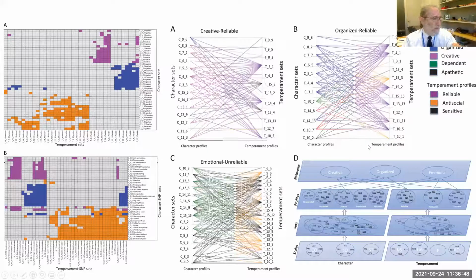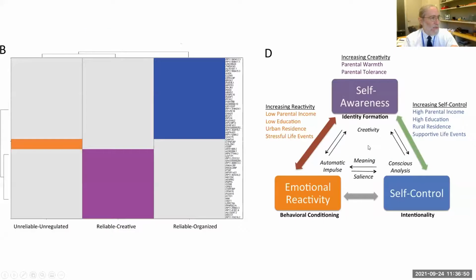I'm not going to spend too much time going through this in detail, but basically the upshot of all that is that we were able to identify 3 networks of relationships between behavior and genes that are related to personality features, self-awareness, emotional reactivity, and self-control that are predictive of well-being for that particular person.